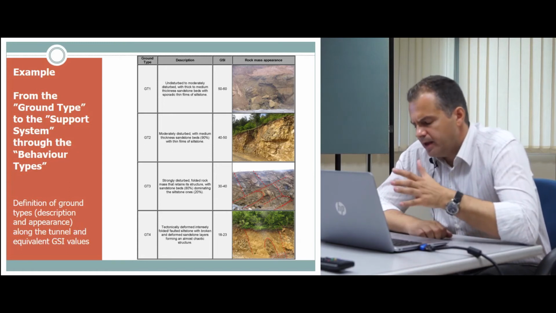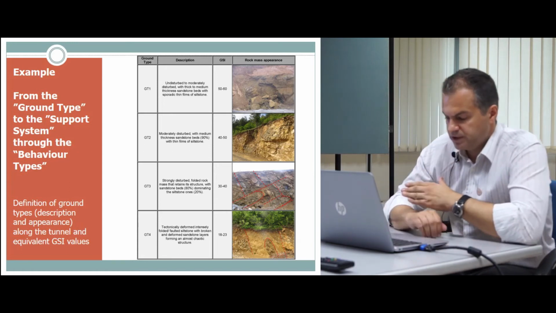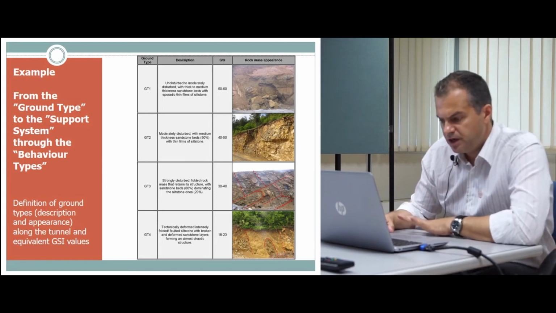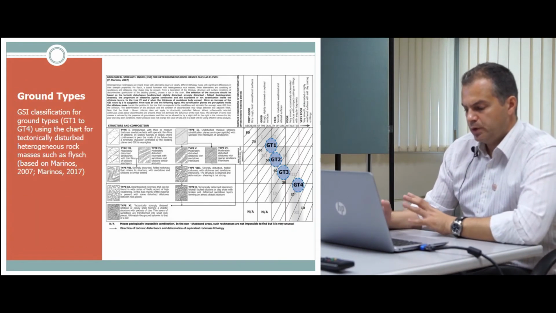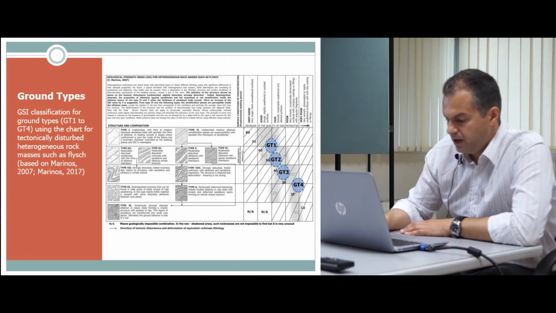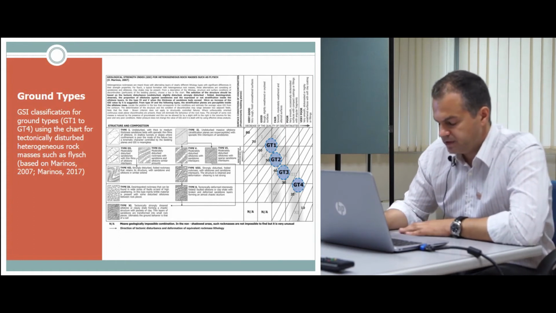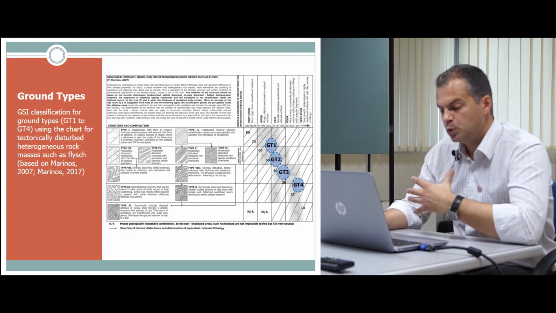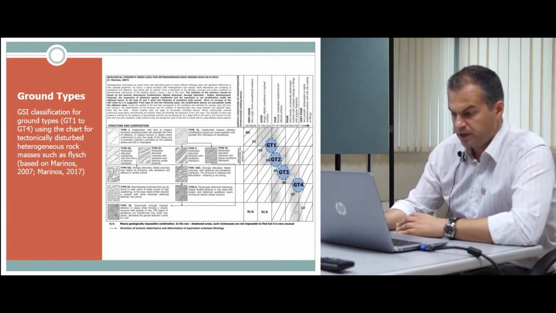Always we have some values of GSI next to them, but here we just need to define these ground types. If we want to use any other system just to classify, just to describe the rock mass, we can do that.